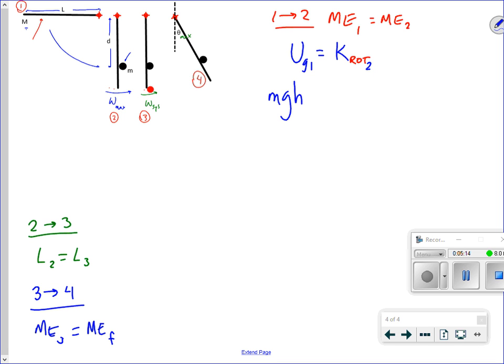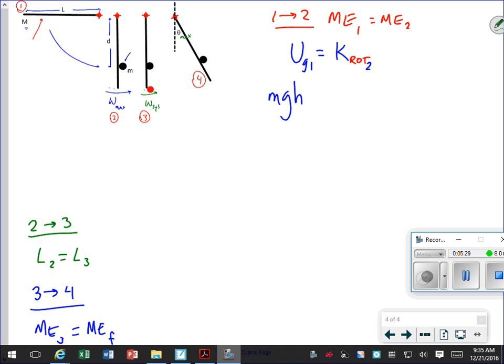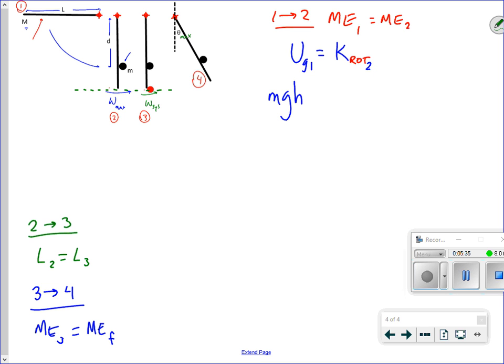Well, but h of what relative to where? You have some choices there, but in this case, why don't we say that we'll call this lowest point height 0.